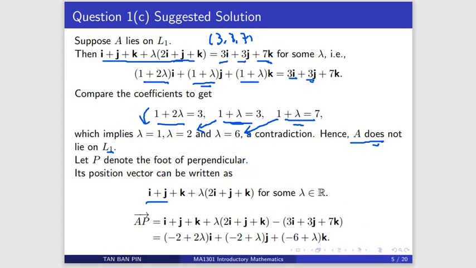That's how you get this part, because P lies on L1. And then you can find AP. AP is vector OP minus vector OA. So just take the position vector OP minus (3i plus 3j plus 7k), which will give you this vector in terms of lambda.